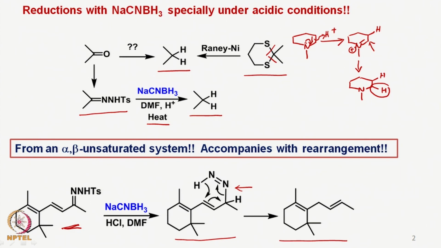So such reductions accompany rearrangement. This is something very interesting because this normally does not happen. Therefore, we looked at various aspects of sodium cyanoborohydride which are very useful, and one of the other important reactions that we also saw was the conversion of a primary amine to N,N-dimethylamine, which is highly synthetically useful, using formaldehyde and sodium cyanoborohydride under acidic conditions.